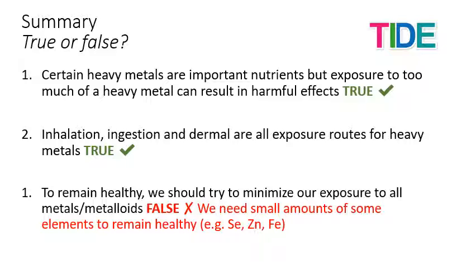But statement 3, to remain healthy, we need to try to minimize exposure to all metals and metalloids, is false. So of course, some of these elements, as we've noted, are in fact key nutrients, and we need at least certain doses of them in our daily diets to remain healthy, with examples being selenium and iron.